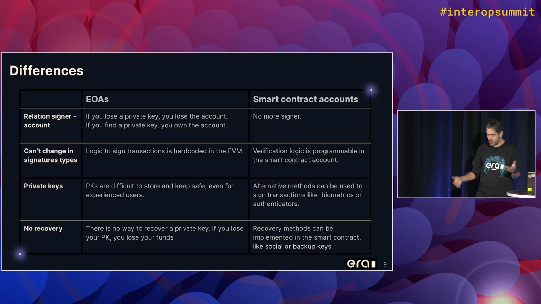If you lose your private key, you're gone. With smart contract accounts, you can program recovery methods in the smart contract. You can have social recovery, or backup keys, or backup people that can give you a transaction, giving you ownership of the account back. So we're solving all these problems by putting a lot of the logic in the smart contract.